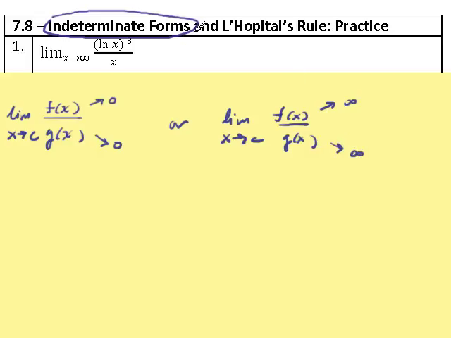So these are indeterminate forms, and we have to either do some algebraic manipulations to figure out what the limit is, or apply this rule that we'll be learning here called L'Hopital's rule, which sometimes helps when we have an indeterminate form.